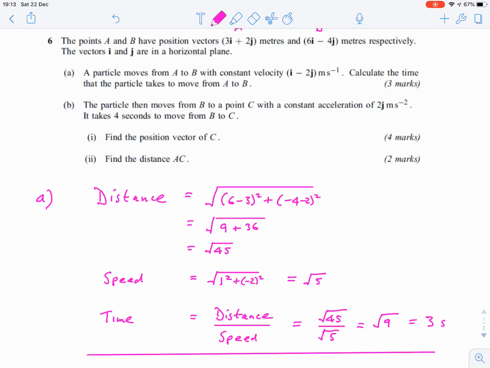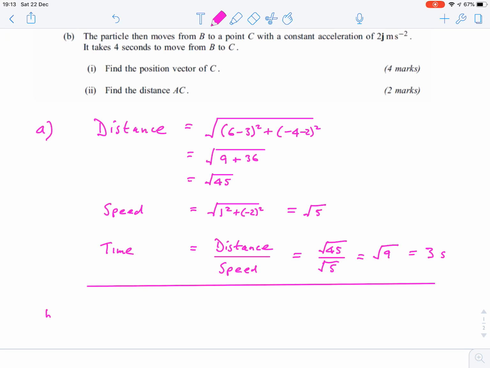Part B. The particle then moves from B to a point C with a constant acceleration of 2j meters per second squared. It takes 4 seconds to move from B to C. Find the position vector of C. What I need to use here is s minus s naught equals ut plus a half at squared.